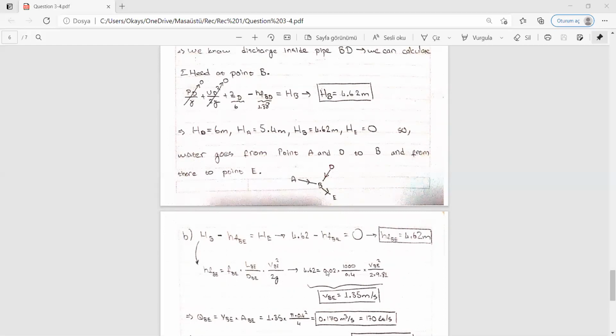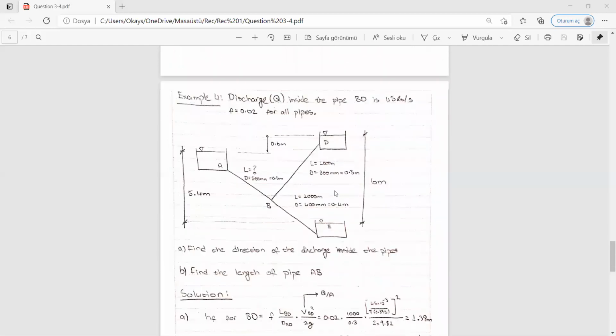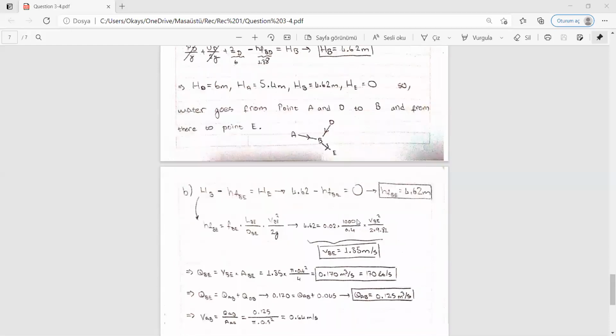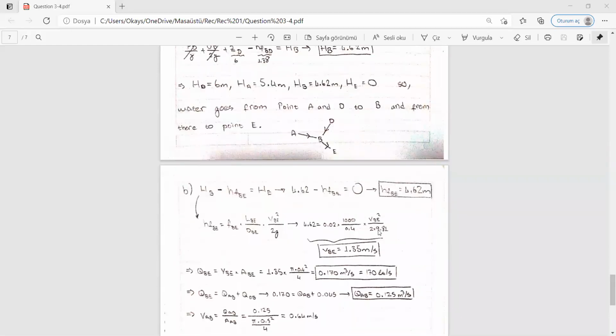So f value, we know the major head loss, we just calculated. f value is 0.02 for all pipes given by the question. Length was 1000 meters. The diameter is 0.4 meters, and of course g is 9.81. From this equation, we get the velocity as 1.34 meter per second.